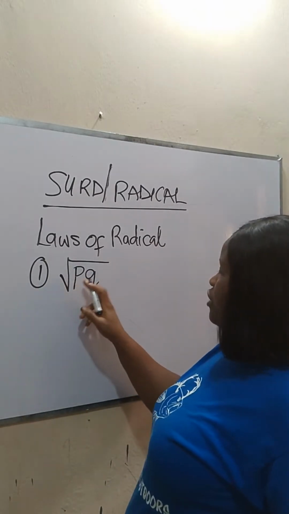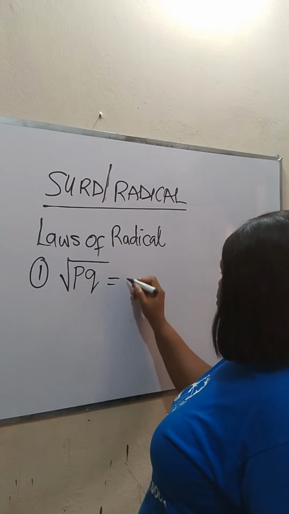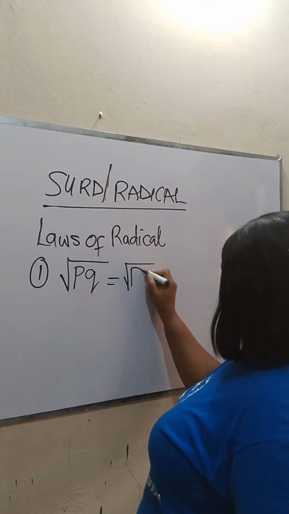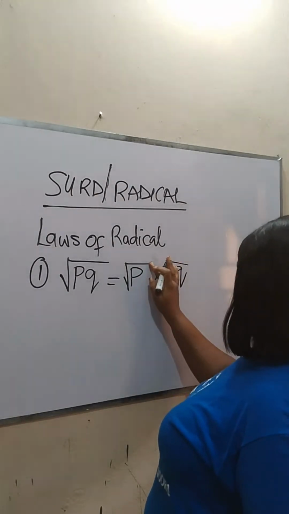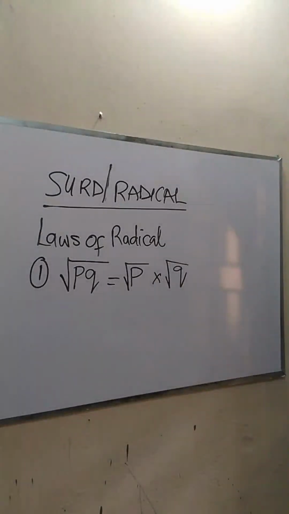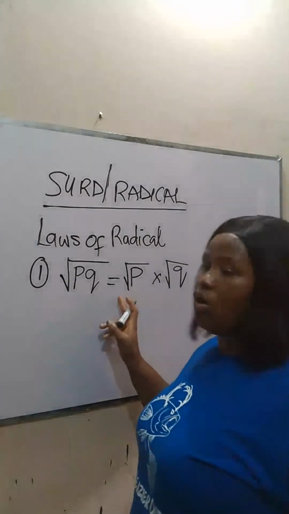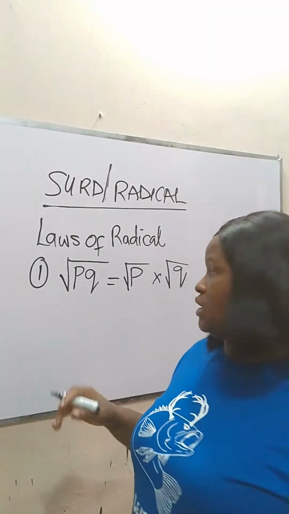this law: square root of PQ is equal to square root of P multiplied by square root of Q. I'm not just going to show you the laws, I'm going to put them in numbers.